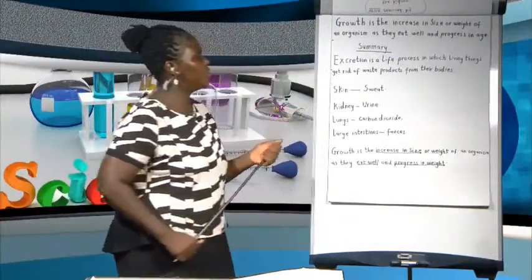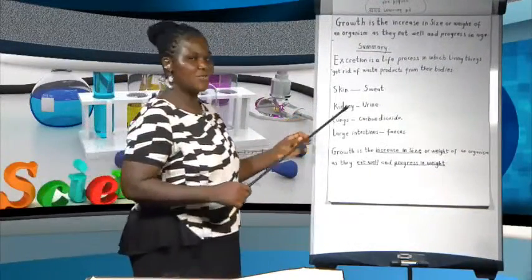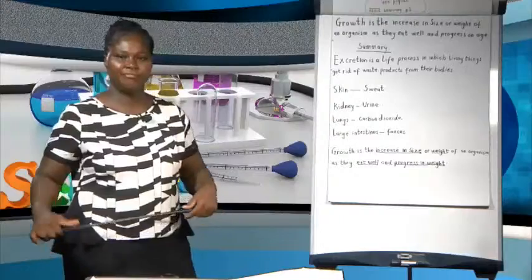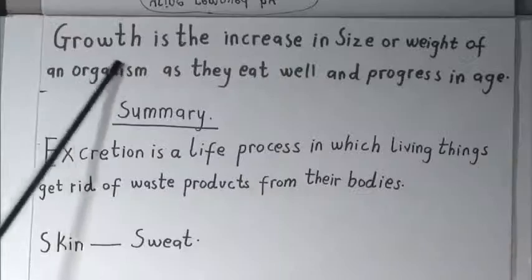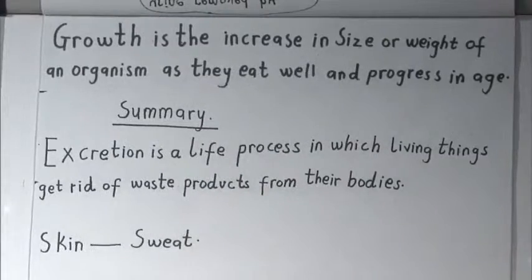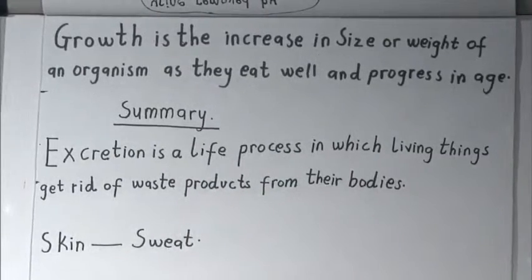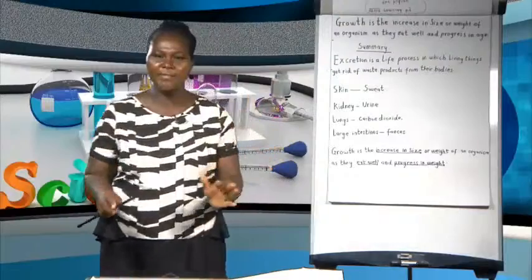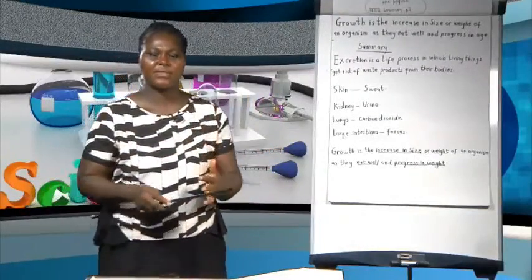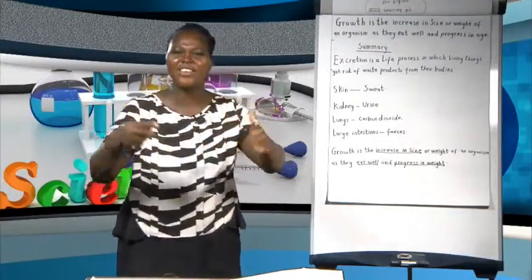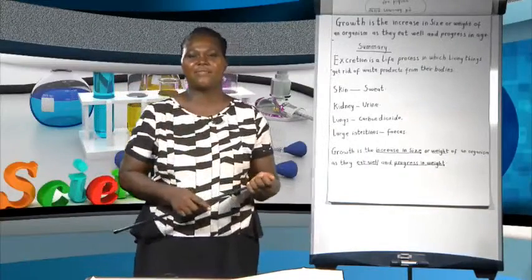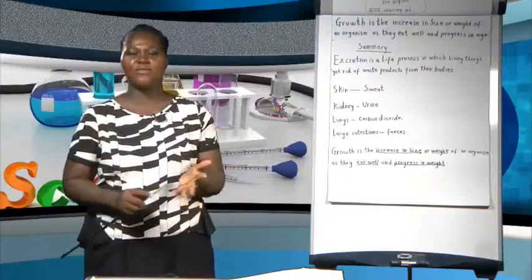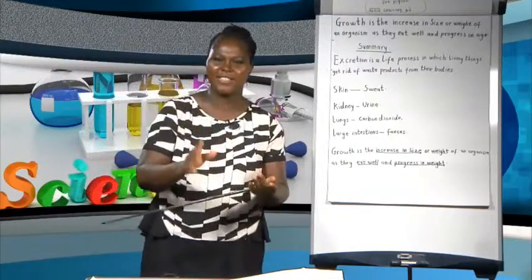And then we look at the growth again. The definition of growth. Growth is the increase in size. So as the animal or the organism eats, then it starts what? Increasing in size. So learners, look at yourself. You were not born like that.